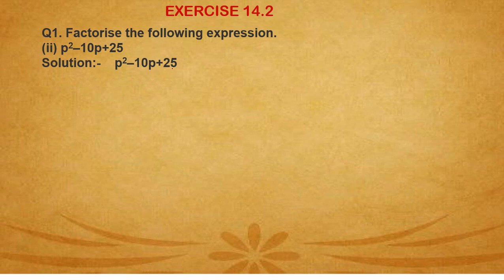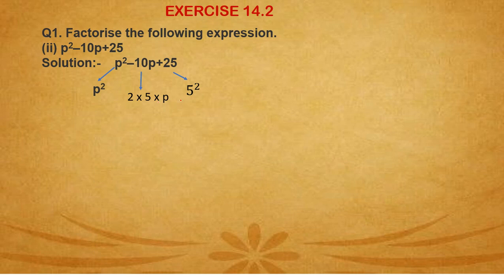The constant term in this is 25, which can be written as 5 square. So we can write 25 as 5 square. Now 10 can be written as 2 into 5 into p, and p square we can write as p square.